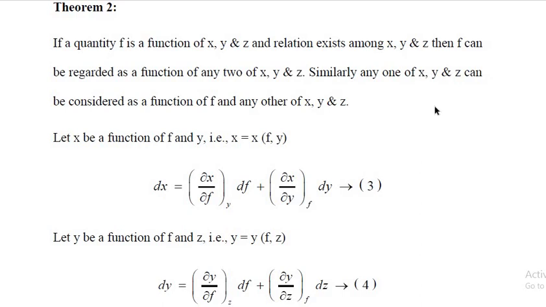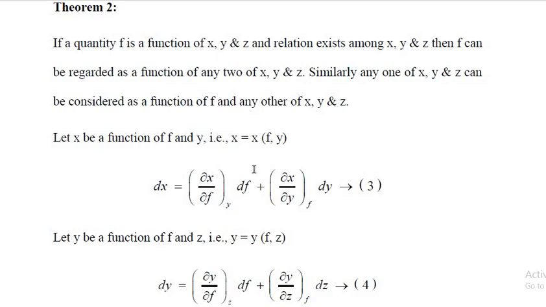So x is equal to x of f comma y. Similarly, you can take y is equal to y of f comma z. Fine. So now let us take x to be a function of f and y. That is, x is equal to x of f comma y.